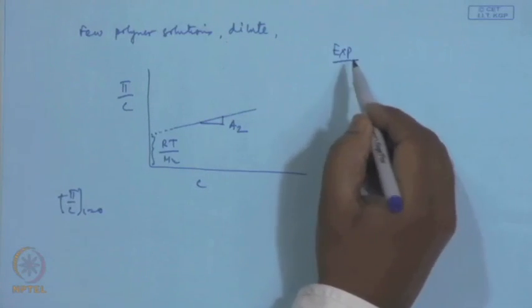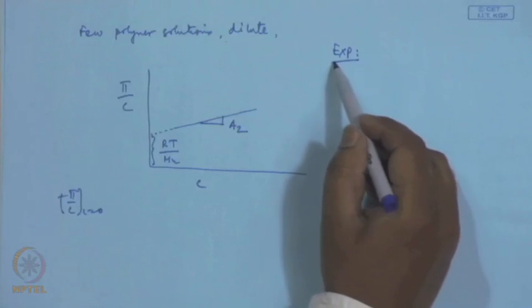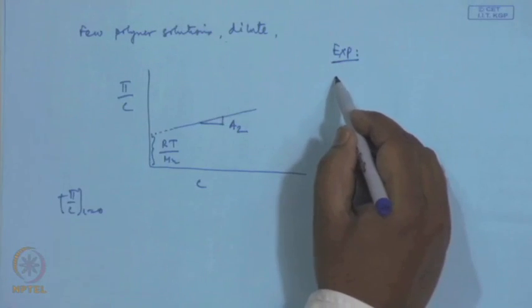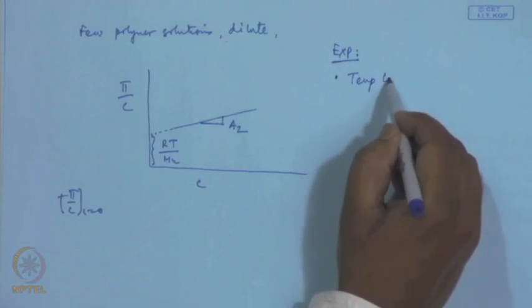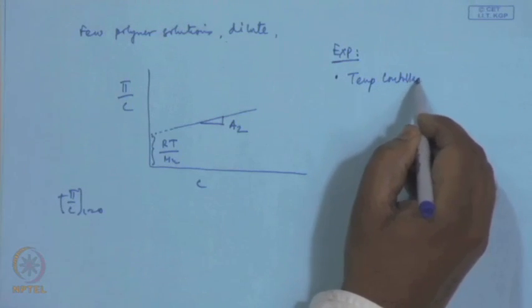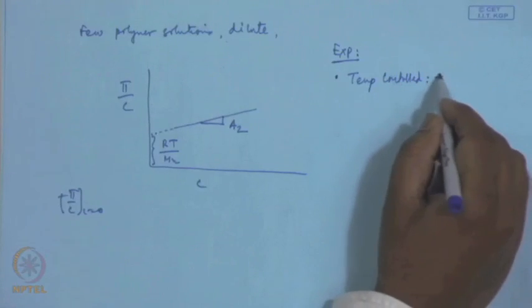Now, in terms of the experiment, what are the things we should remember? One is that temperature control has to be very precise, because osmotic pressure is very much dependent on temperature.